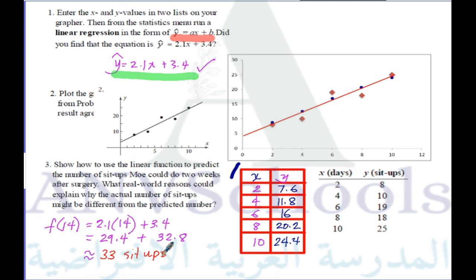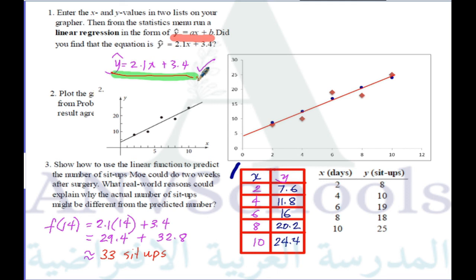Okay, so after 14 days or 2 weeks, Mo could do at least or at most 33 sit-ups using this linear regression equation.